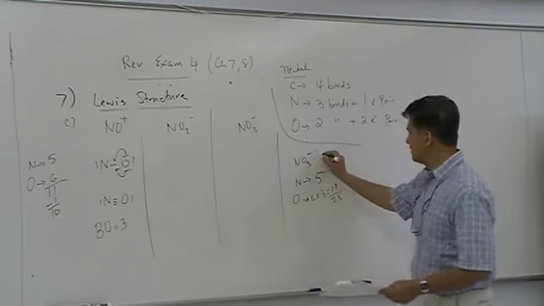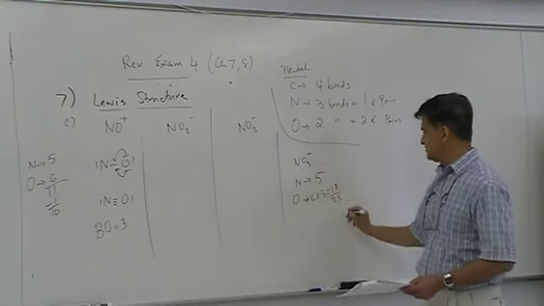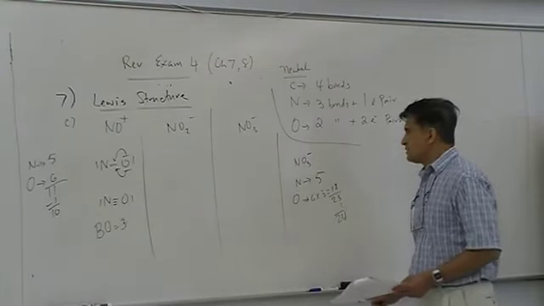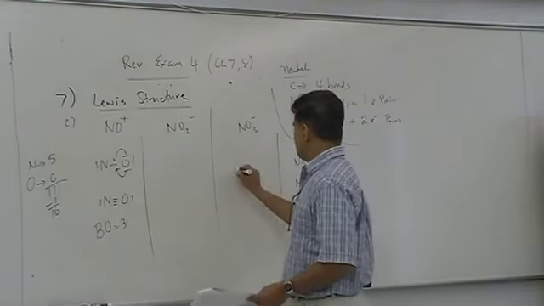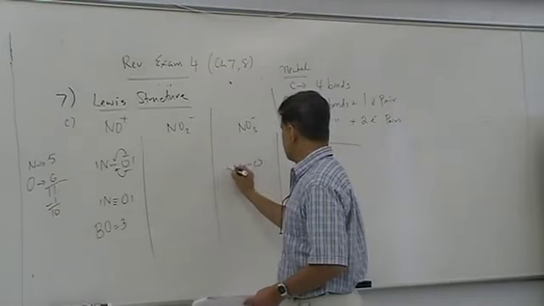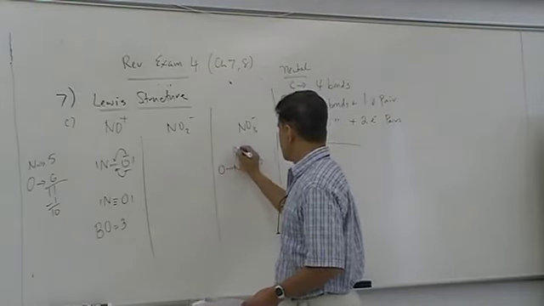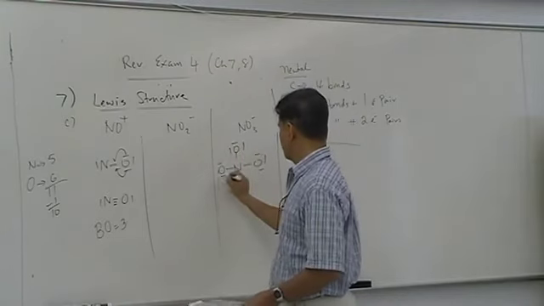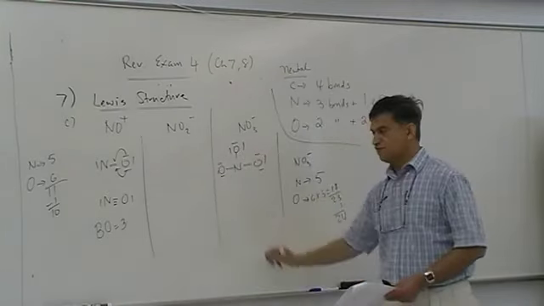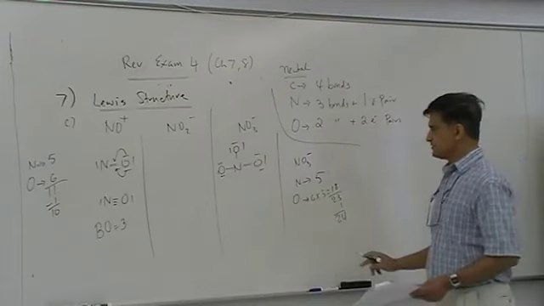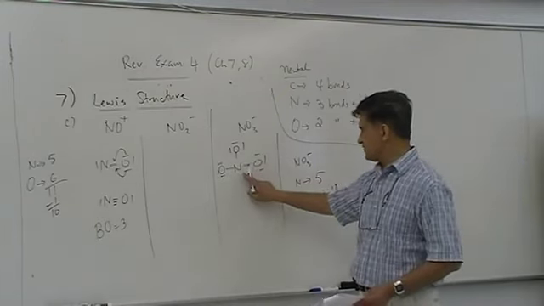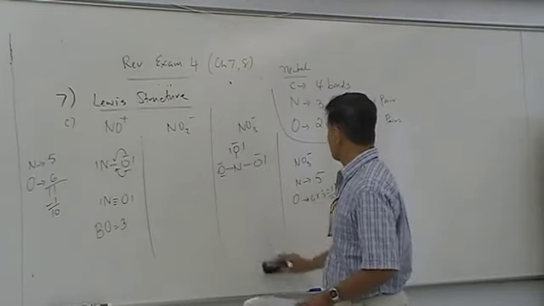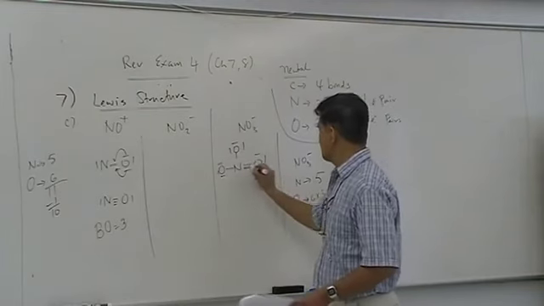I have an additional electron because of the negative charge, so that makes 24 electrons. My central atom is nitrogen, and there are 3 outer atoms, and give noble gas configuration to the outer atoms. That makes 24. But nitrogen doesn't have noble gas configuration. So in order to give it noble gas configuration, make a double bond here.